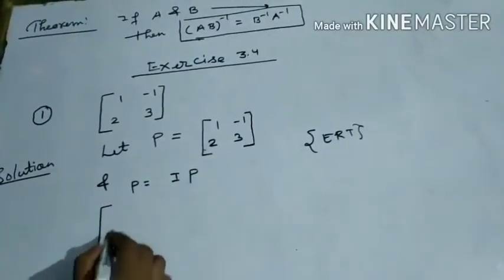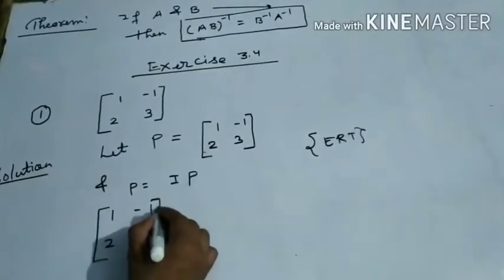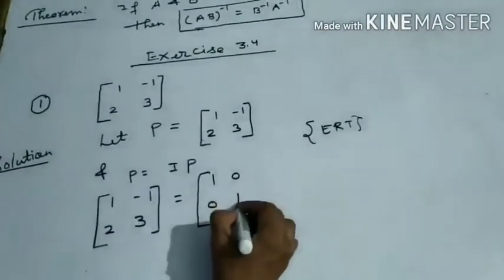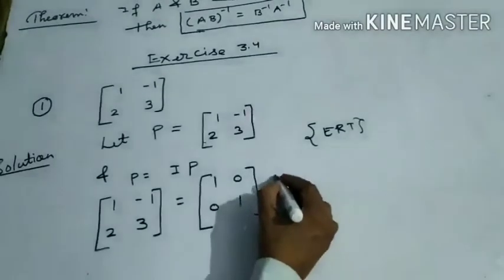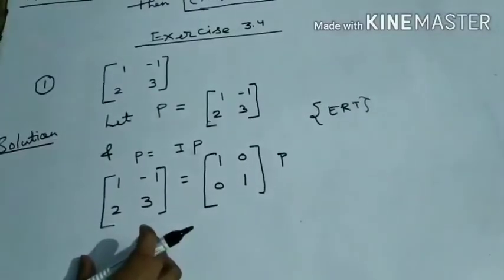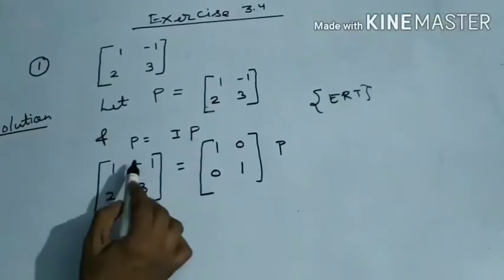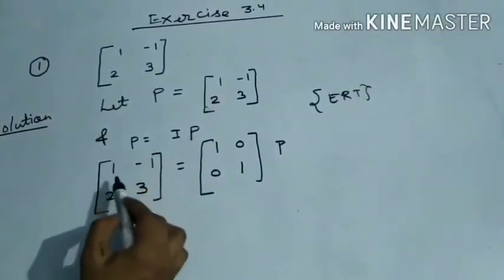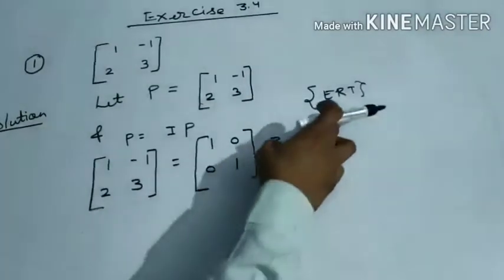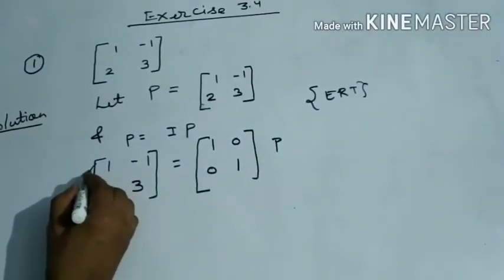Now in place of P you have to write 1, minus 1, 2, 3, and this is the identity matrix 1, 0, 0, 1 on the left. Here we want to apply elementary row transformations, so we look only at this matrix and make it the identity matrix by using elementary row transformation. For that, you have to move in the anti-clockwise direction.